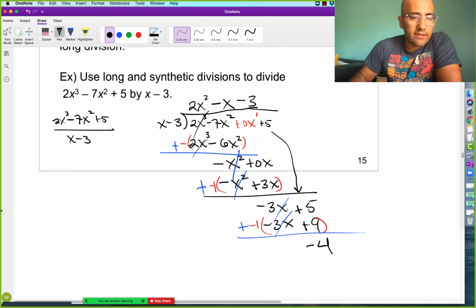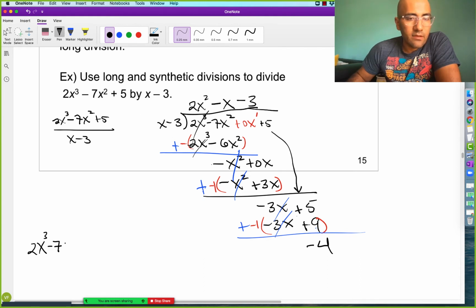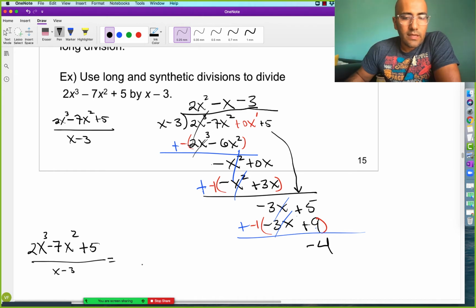And again, going back to the original description, we have 2x to the third power minus 7x squared plus 5 divided by x minus 3 is then equal to 2x squared minus x minus 3 plus negative 4 divided by x minus 3.